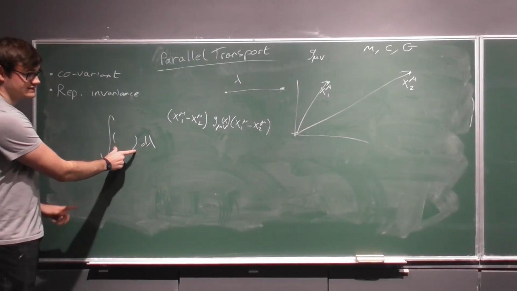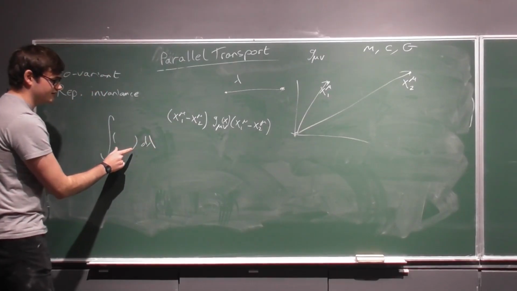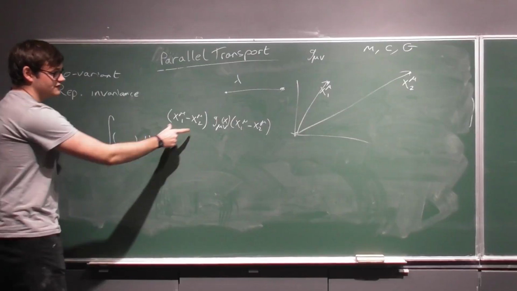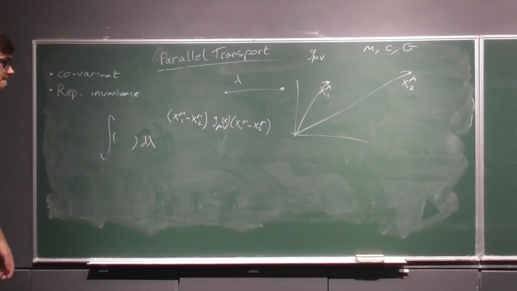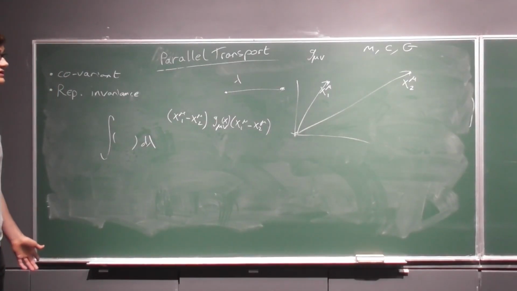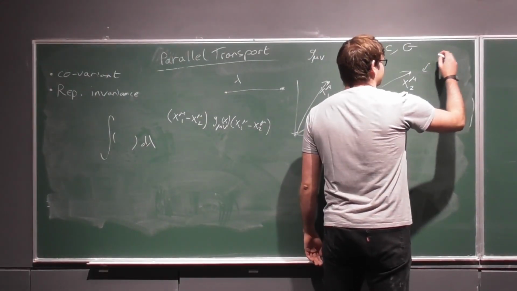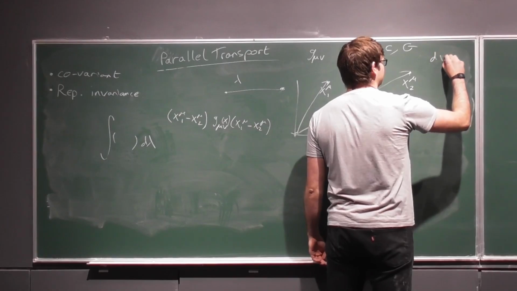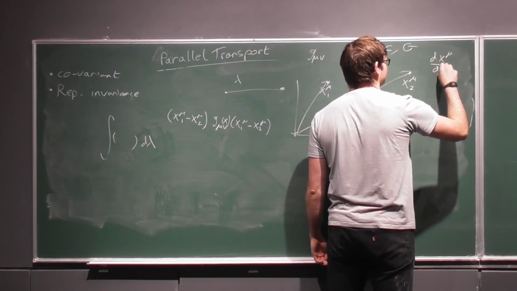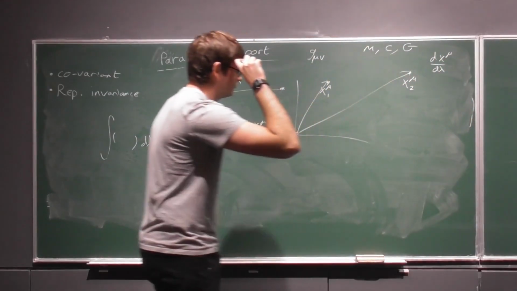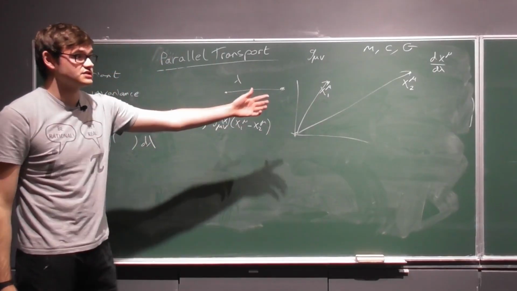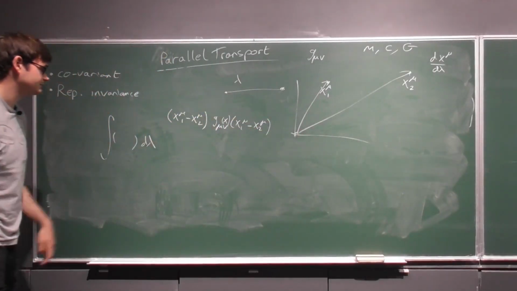Now I can stick in a quantity like this if these points are infinitesimally close together. Now that I've introduced this lambda, I have a new quantity I can add, being the derivative, or possibly higher derivatives, of our positions. These are just the velocity vectors of the particles.